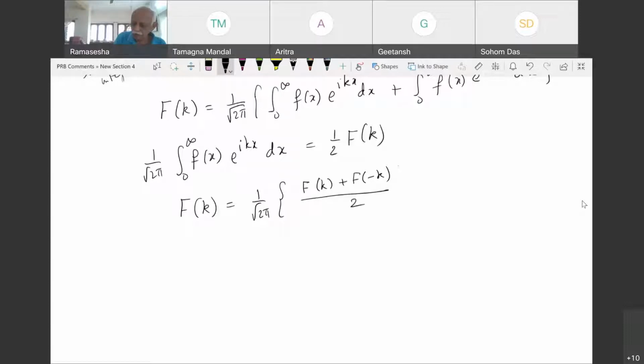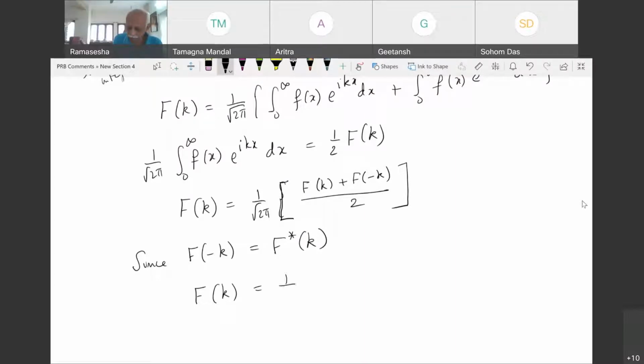Since F of minus k is the complex conjugate, what we have is F of k equal to 1 upon 2 times F of k plus its conjugate, which is the real part of F of k. That means the right hand side is real, because F of minus k is equal to F of k.